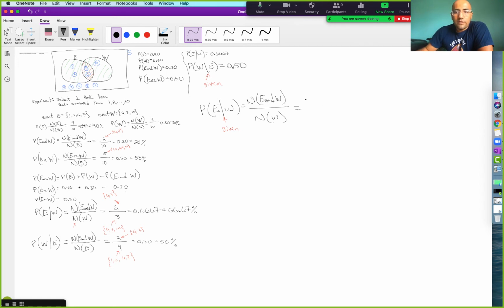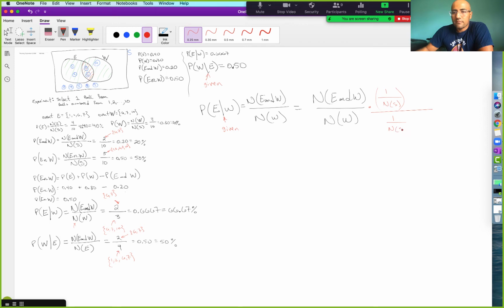What I'm going to do is take this, n of E and W, divided by n of W. And I'm going to multiply the numerator and denominator by the same thing. I'm going to multiply it by 1 over n of S, and then divide it by the exact same fraction.